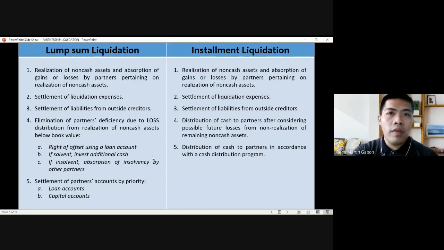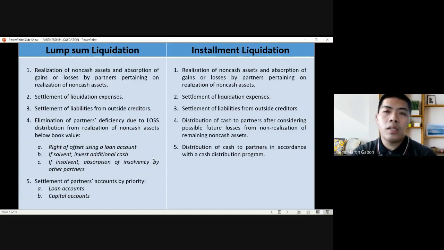Or kapag insolvent na, meaning wala ng personal asset, then absorption of insolvency by other partners. Okay? Then last is settlement of partners accounts by priority. Why pag sinabing priority, i-settle mo na ang loan accounts, then afterwards yung capital accounts naman.